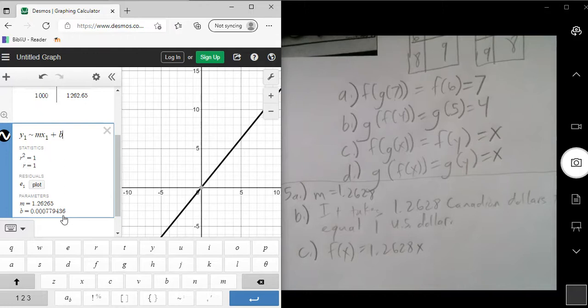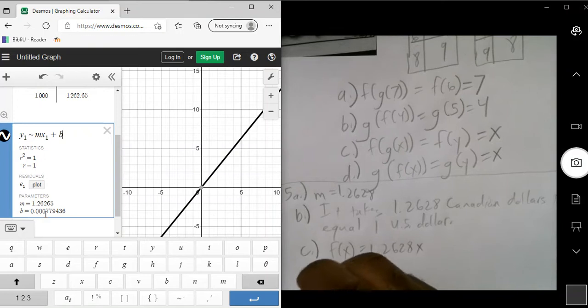You could look here too at this b. Technically, if we round it to 4 decimal places, we would have a y-intercept, but it's so low that we might as well say that it's 0. Does everyone follow that? Okay. All right.